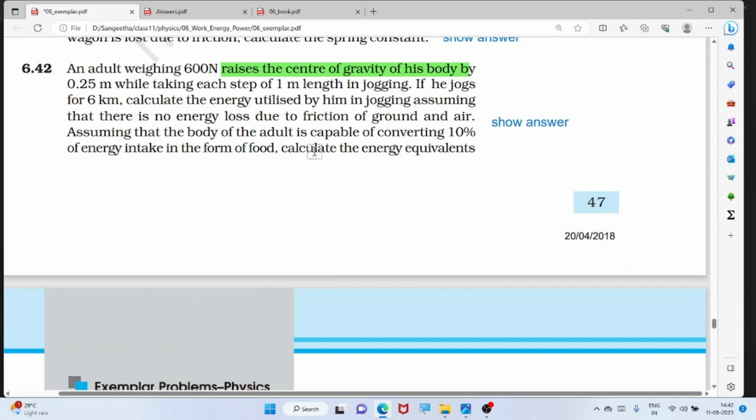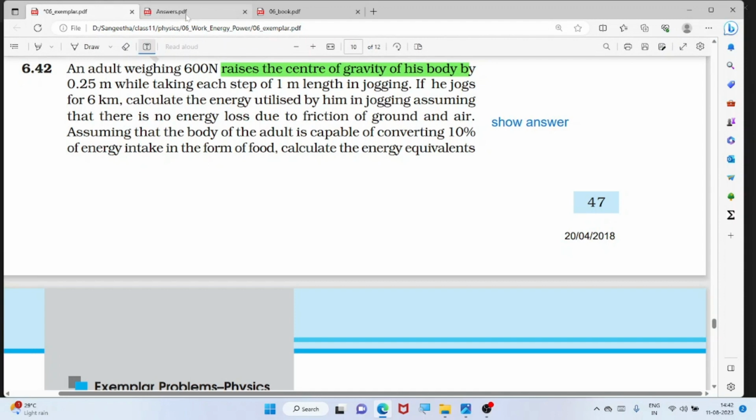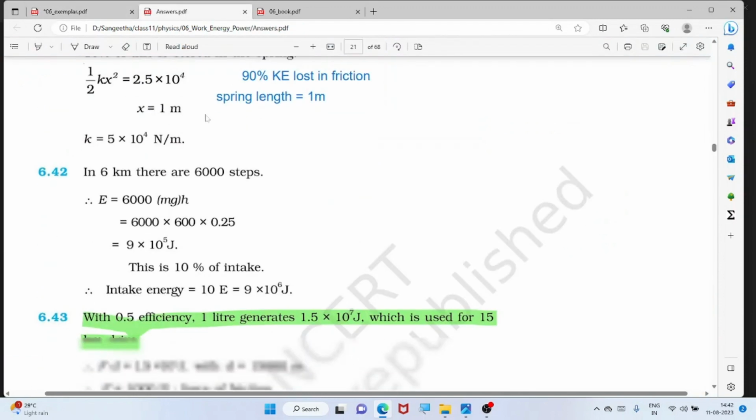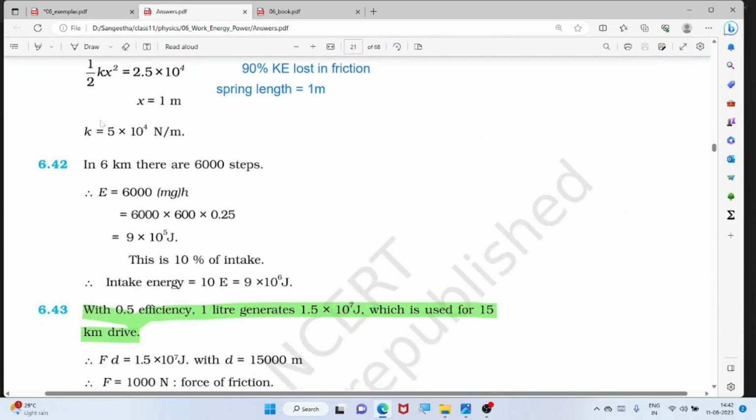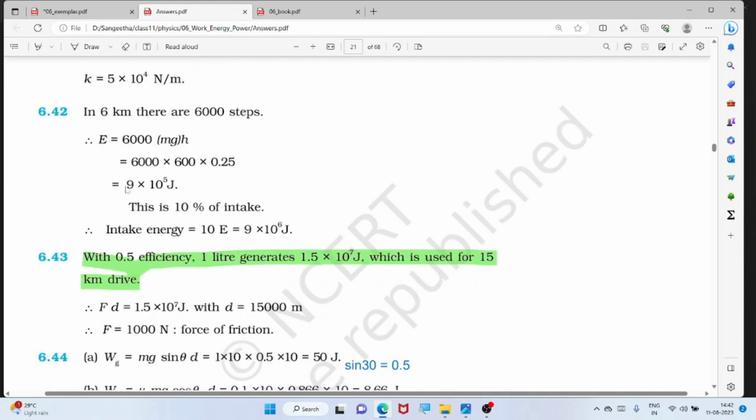Assuming that the body of the adult is capable of converting only 10% of the energy intake in the form of the food, calculate the energy requirement. There are 6,000 steps. This is for each step, and this much height is going.